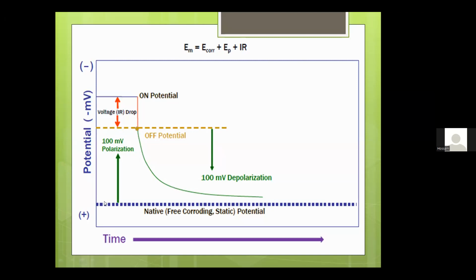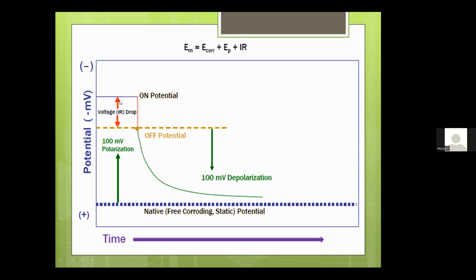For a new structure, before applying the cathodic protection system, we can measure the native, or free corroding, or static potential here. After applying cathodic protection, the potential will become more electronegative, to the off potential and the on potential.